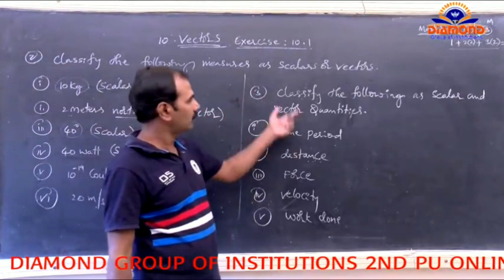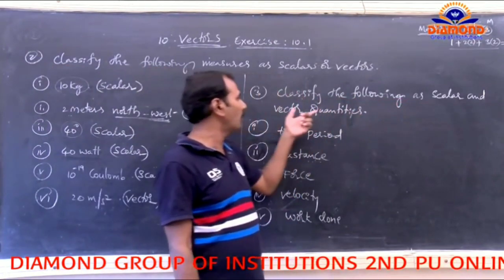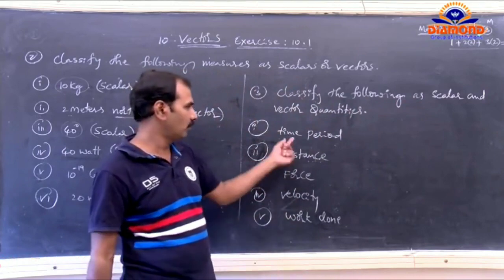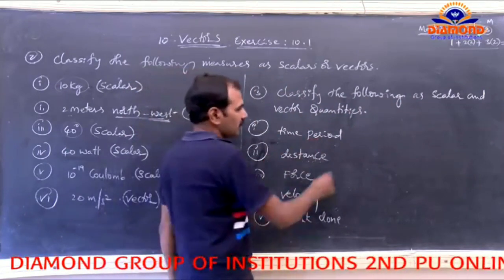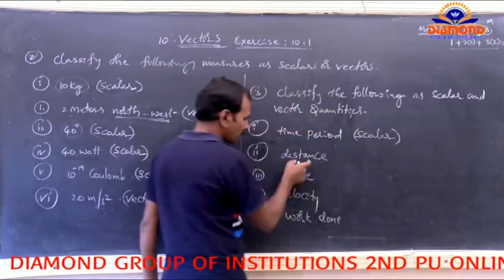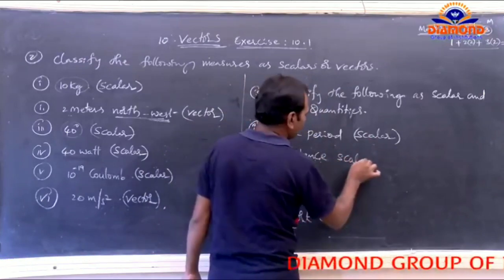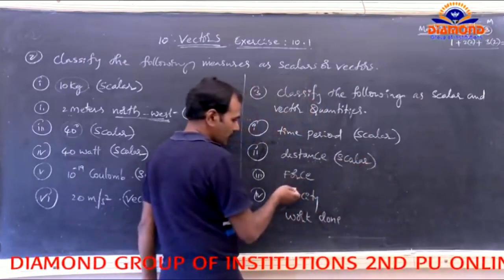Same method, third question. Classify the following as scalar or vector quantities. So simple. Time period. Time always scalar. Next, distance. No direction. It is also scalar. Force.